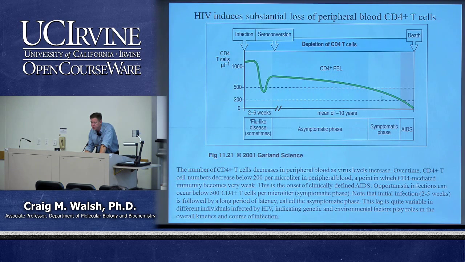Then within a short period after this symptomatic phase, it develops into what's called AIDS, where your CD4 positive T cell counts drop below 200 per microliter in your blood. At that point, you essentially don't have an immune system. You still have innate immunity, but your adaptive immune system is essentially shot. Because you're completely immunodeficient, that can then result in death.